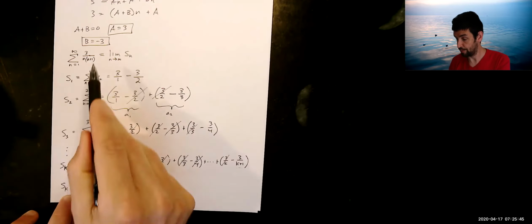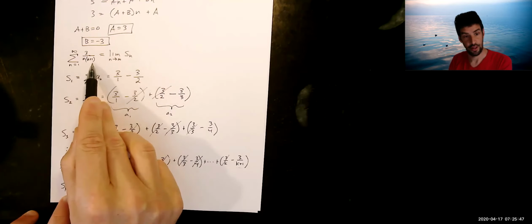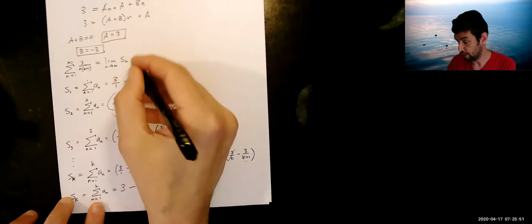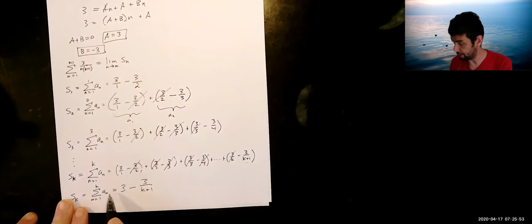Now remember, our infinite sum is equal to the limit of the partial sums. I have a nice expression for the partial sums: S of k is equal to 3 minus 3 over k plus 1. I've used n here, so it's the limit as n goes to infinity of 3 minus 3 over n plus 1.